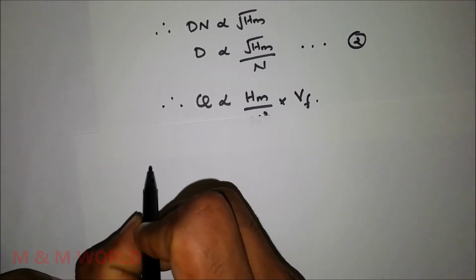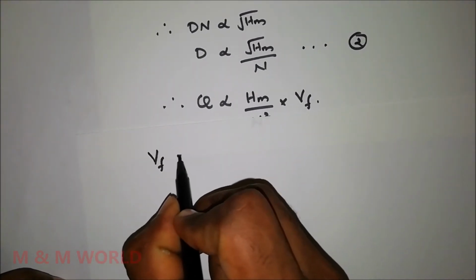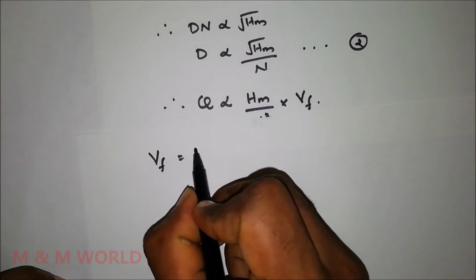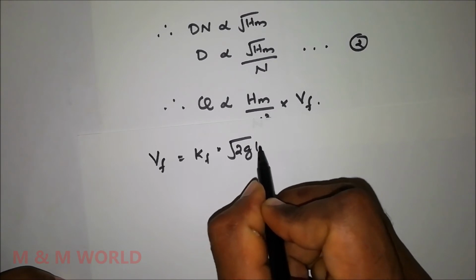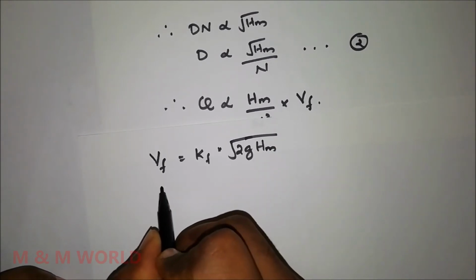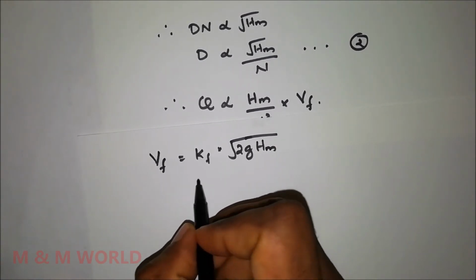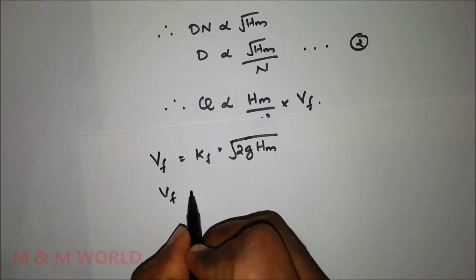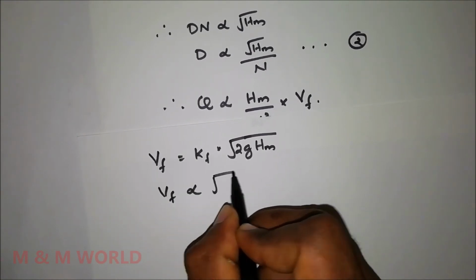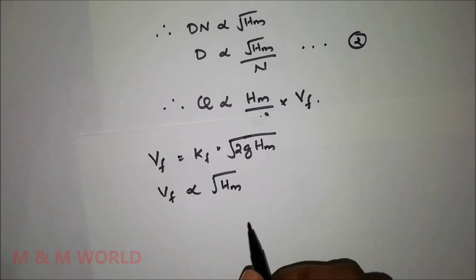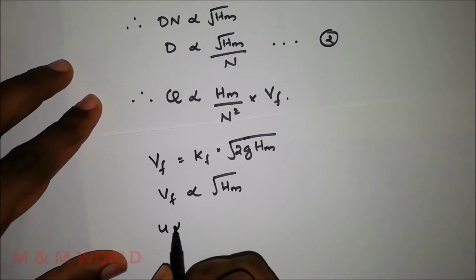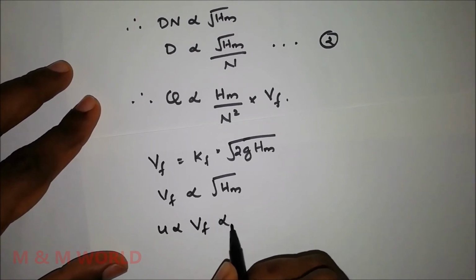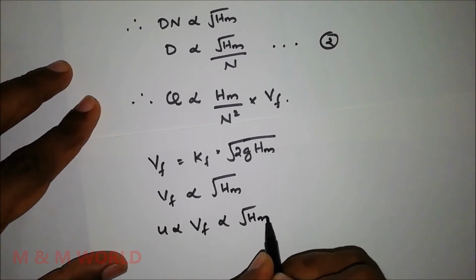Now, velocity of flow Vf is equal to Kf into root of 2gHm. So Kf and root of 2g are constants, therefore Vf is directly proportional to root of Hm. So we will get the relation that u is directly proportional to Vf, which is directly proportional to root of Hm.